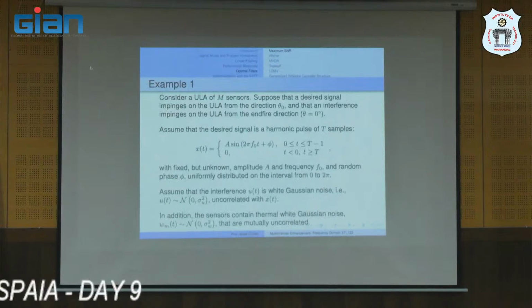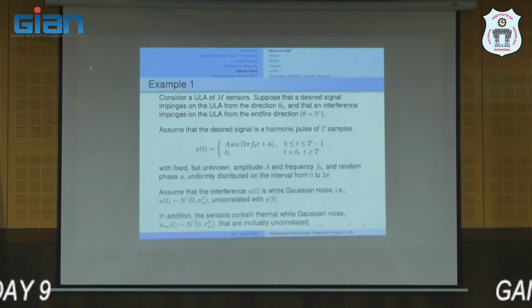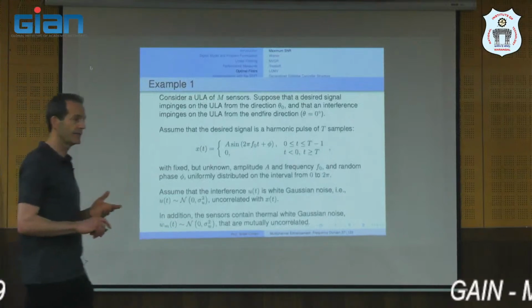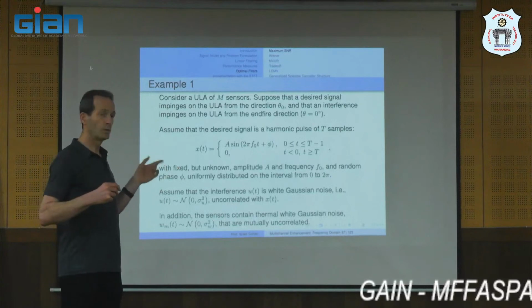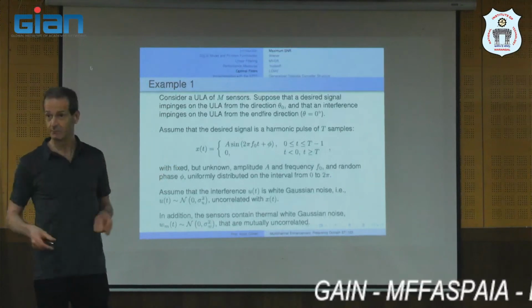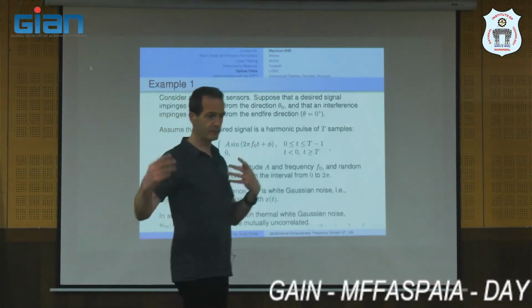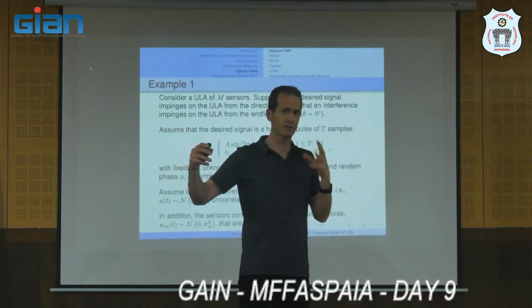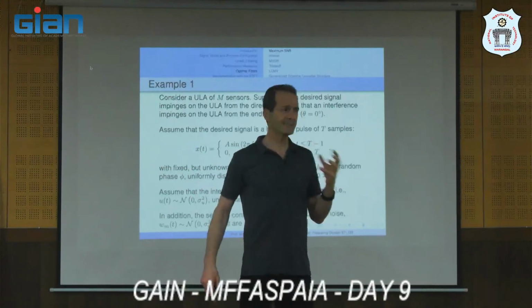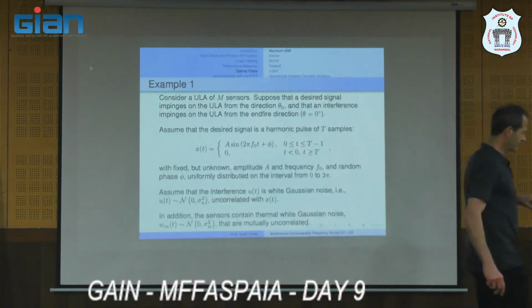We want to reduce it, even though it's weak, because maybe it's some non-stationarity, some clicks, or some interference that interferes with our system. Okay? So we have multiple things, and even something weak sometimes interferes in our estimate of the desired signal.